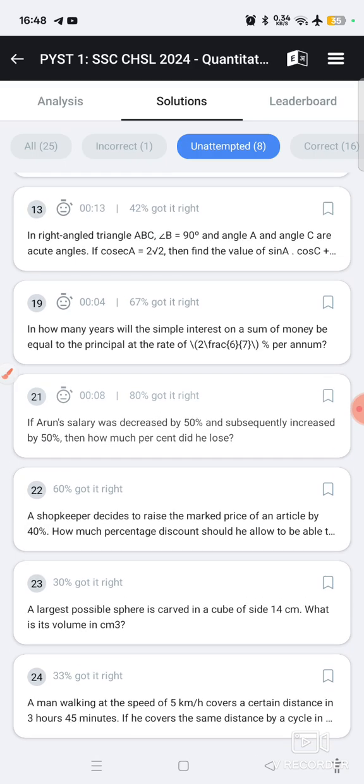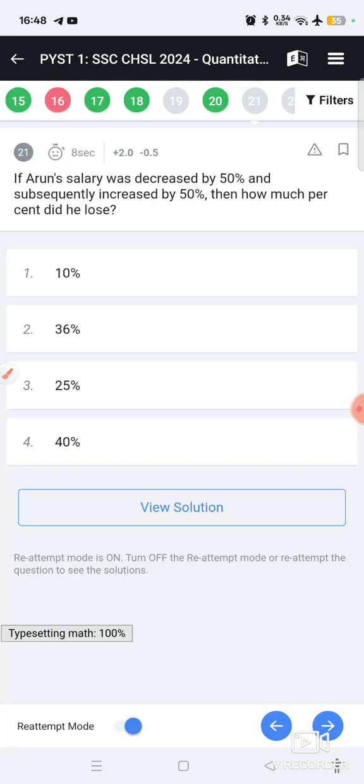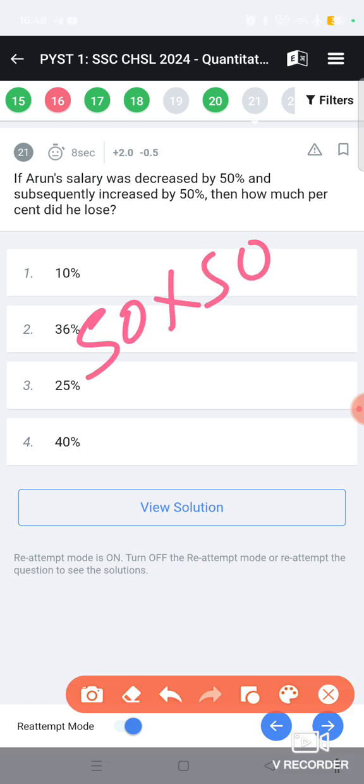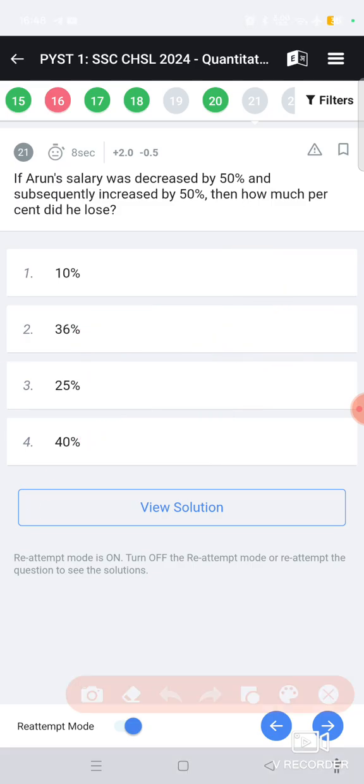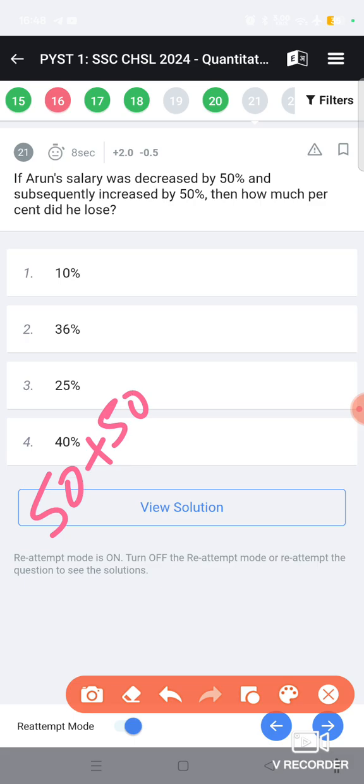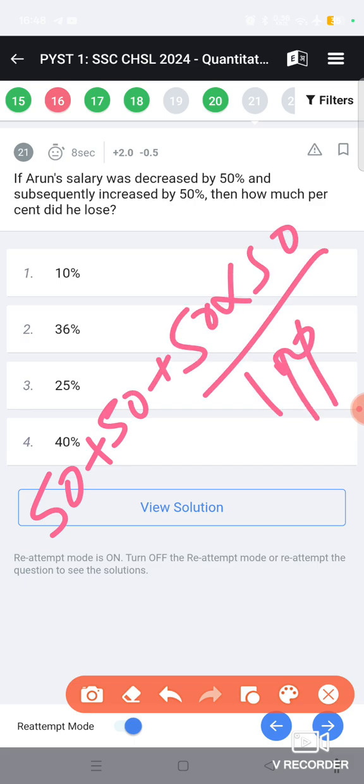Okay, if Arun's salary was decreased by 50% and subsequently increased by 50%, then how much? Okay, it means 50 into 50 divided by 100 into 100. Just a second. Okay, sorry.